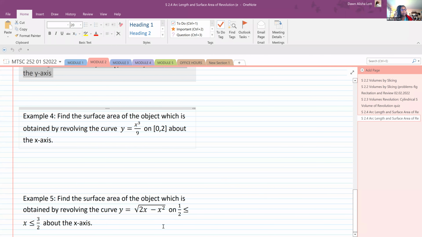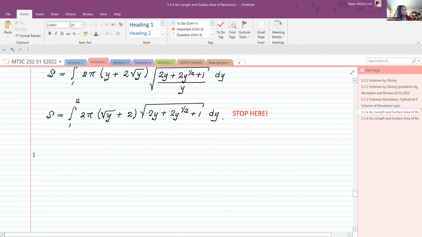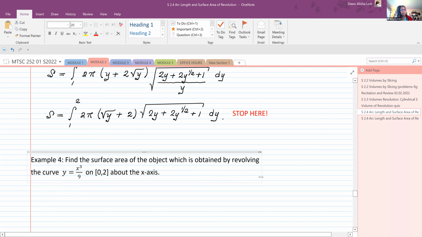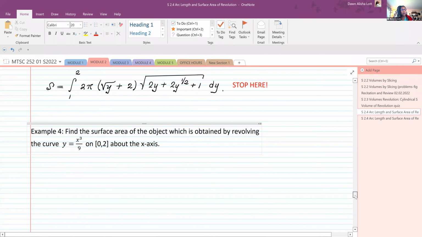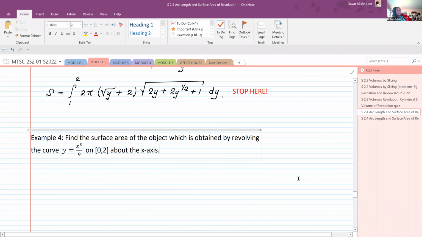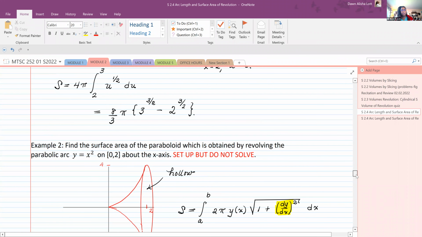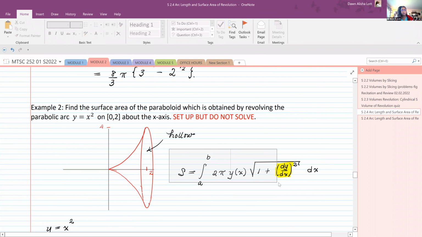Okay, both of these are equally difficult. I will do this one. Okay. So y is equal to x cubed over 9 on the interval 0 to, about the x-axis. So I already know if I'm doing that about the x-axis, I am using this one.